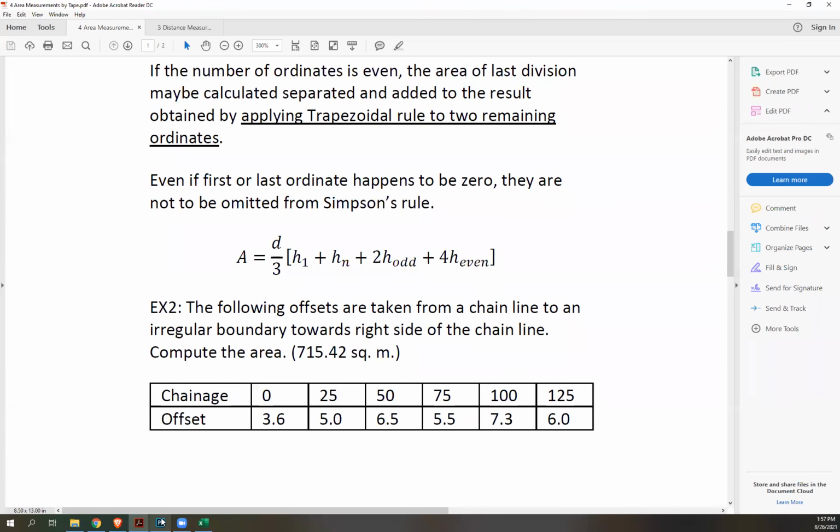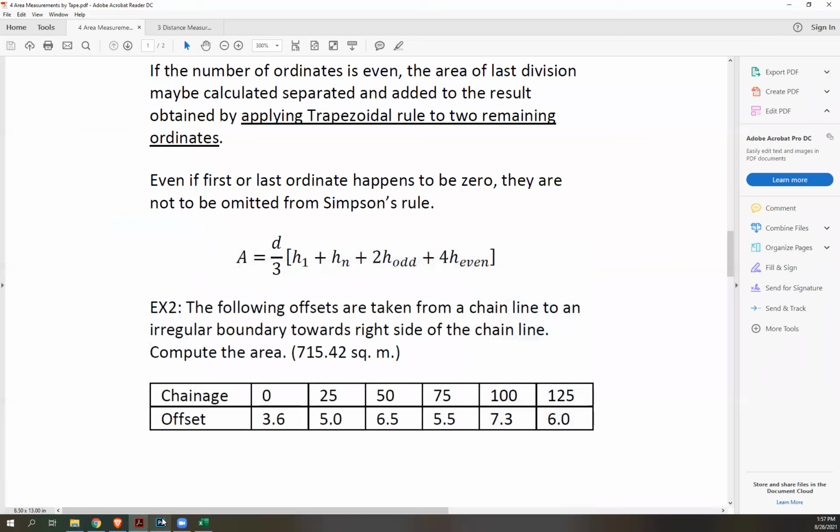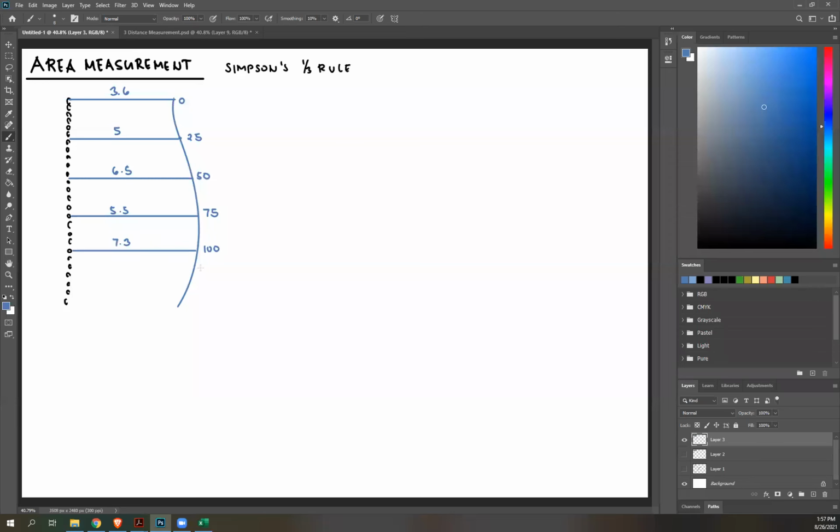Then at 100, it's 7.3. And at 125, it's just 6. This is just a rough representation. This is not how the actual area looks. You can make it more accurate, but this is fine.